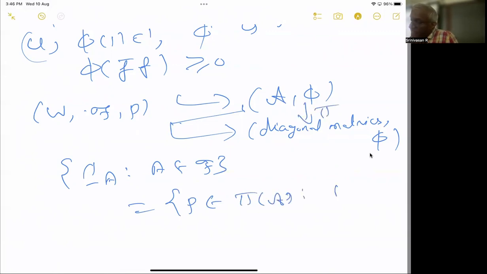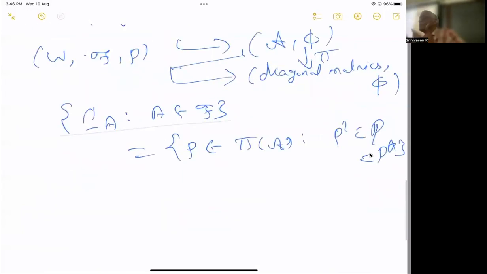Then pi of A, where P square equals P star, where star is the adjoint matrix in Mn(C), and P equals P star equals P square. So if you take all the projections, that is precisely all these 1_A, and then we got back the set. And the probability also we get, P of A equals phi of 1_A. So this is the idea.